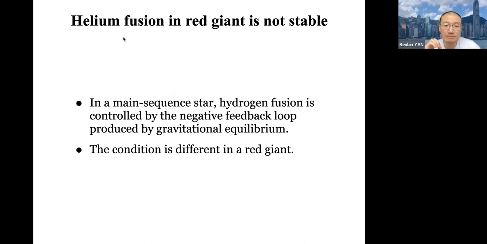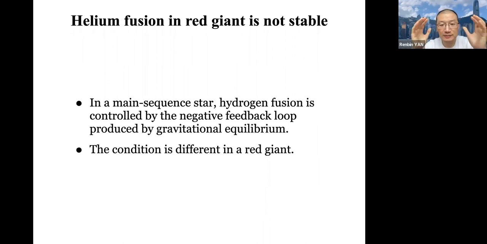Why is that? Previously we talked about hydrogen fusion being stable in the center of the sun, right? In the center of a main sequence star. Why is hydrogen fusion stable? Because it was controlled by a negative feedback loop produced by gravitational equilibrium. So let's review that situation. If the fusion rate suddenly fluctuates a little bit higher, then it'll make the temperature higher, and it'll make the pressure higher.